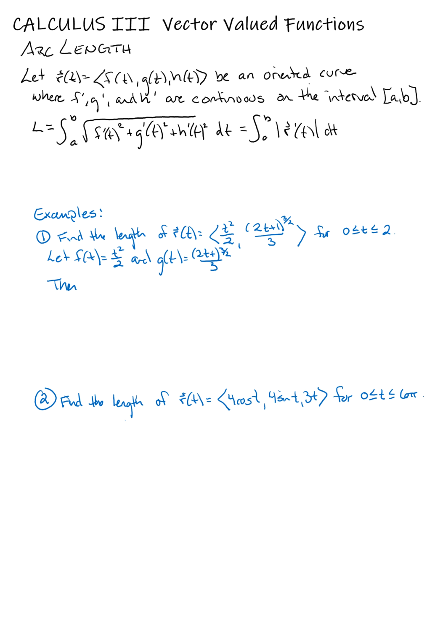From there, we can get f prime. Simply the power rule gives us t. And g prime, let's see, we have the power rule, but we also have the chain rule.